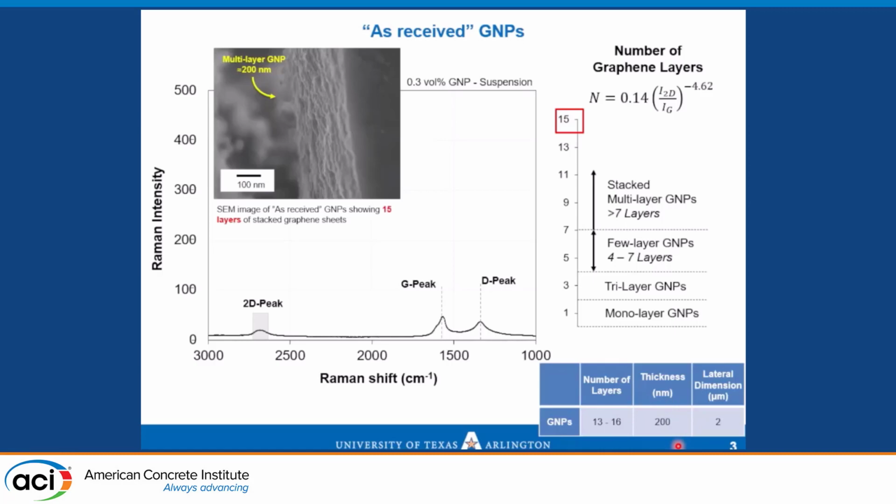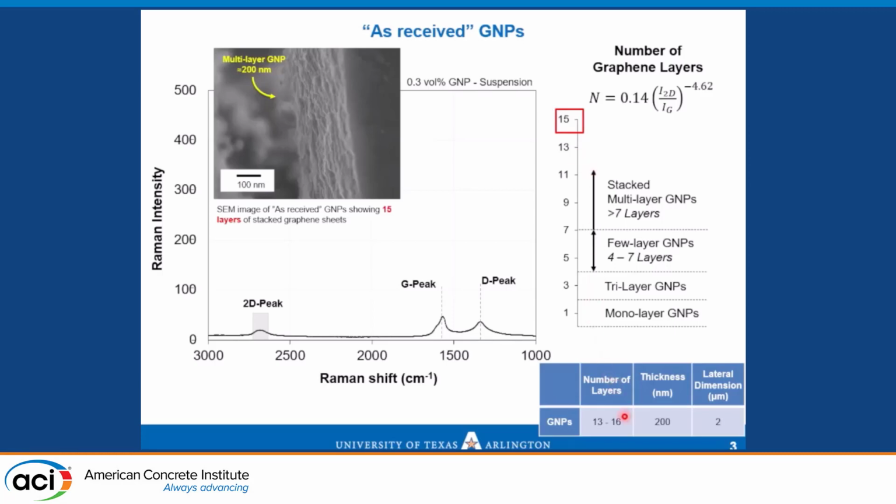And here comes the objective of using nanoplatelets. We need to increase the surface area that is available in the cementitious matrix to take advantage of the high specific surface area. And for this we need to reduce the number of graphene layers. So we evaluated the number of the graphene layers using Raman spectroscopy, and we found a number of 15 layers of as-received multi-layer stacked GNPs.